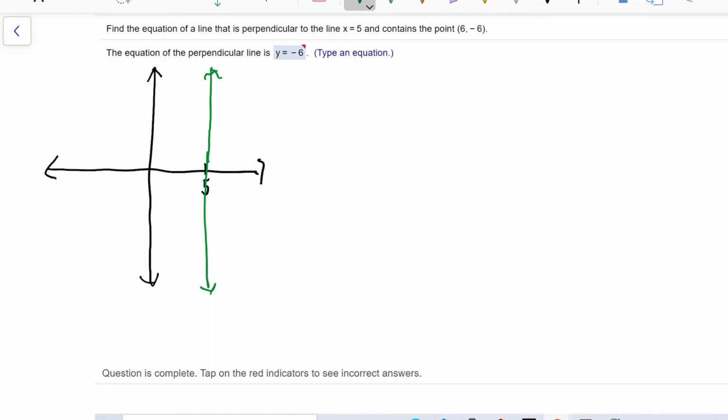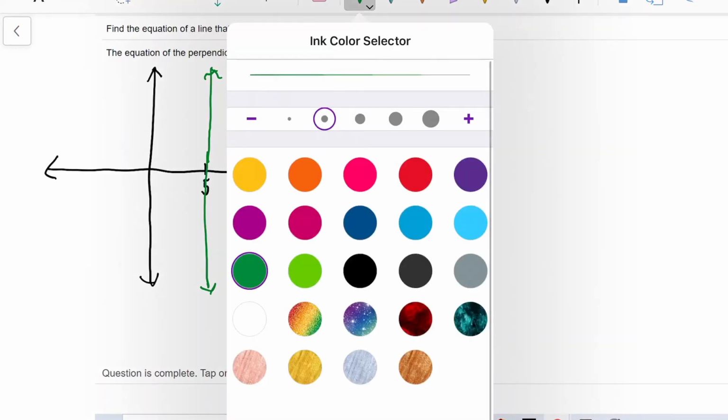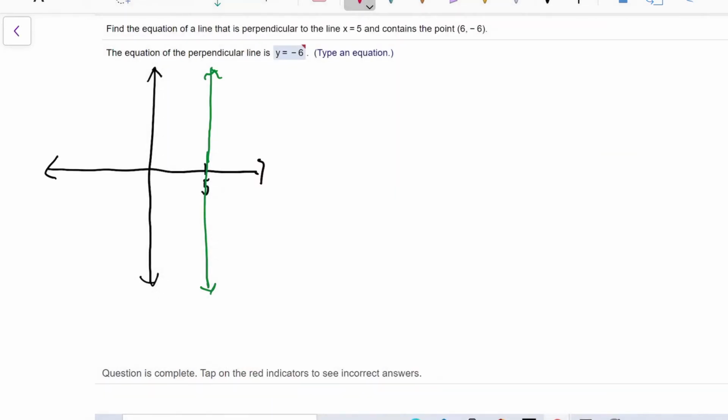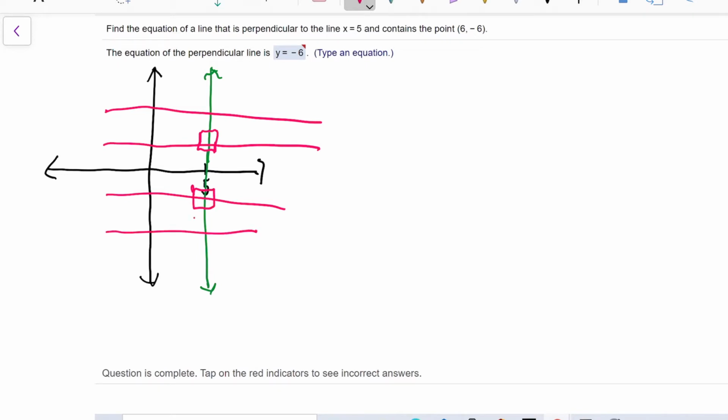Okay, and we're basically trying to find a line in which when it meets our original line, it will form a 90 degrees. So let's say this one can be 1. This line can also be, as long as it's forming a 90 degree, okay? This one can be 1. This one can be 1. And you get the idea.